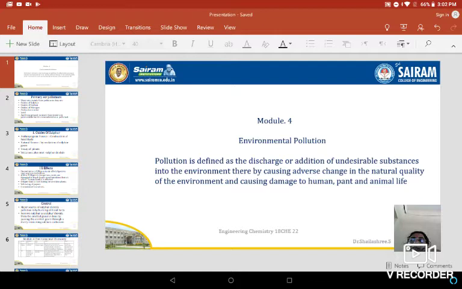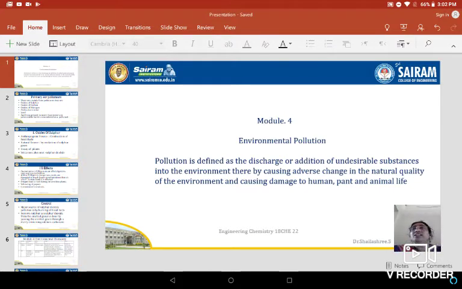Generally, pollution is defined as the discharge or addition of undesirable substances into the environment, thereby causing adverse change in the natural quality of the environment and causing damage to human, plant and animal lives.